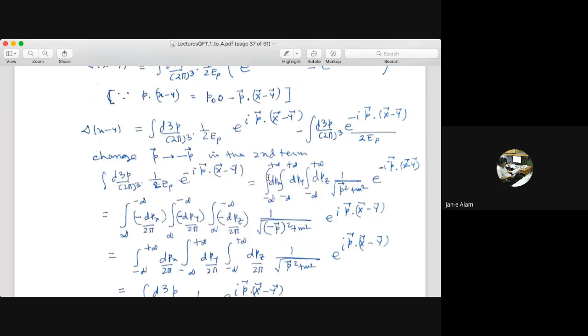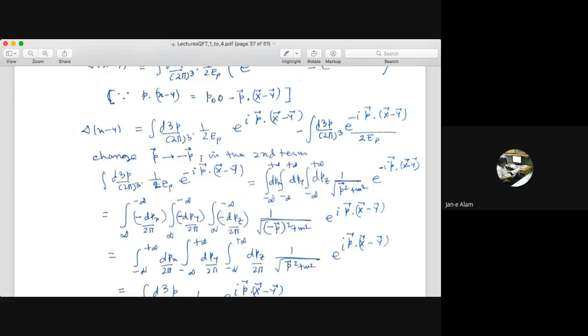So this vector, let me just explicitly do it here because there was some confusion yesterday. So this d³p is dpx from minus infinity to plus infinity, dpy from minus infinity to plus infinity, dpz from minus infinity to plus infinity, and then this Ep is root over p square plus m square, e to the minus i p dot (x minus y), right?